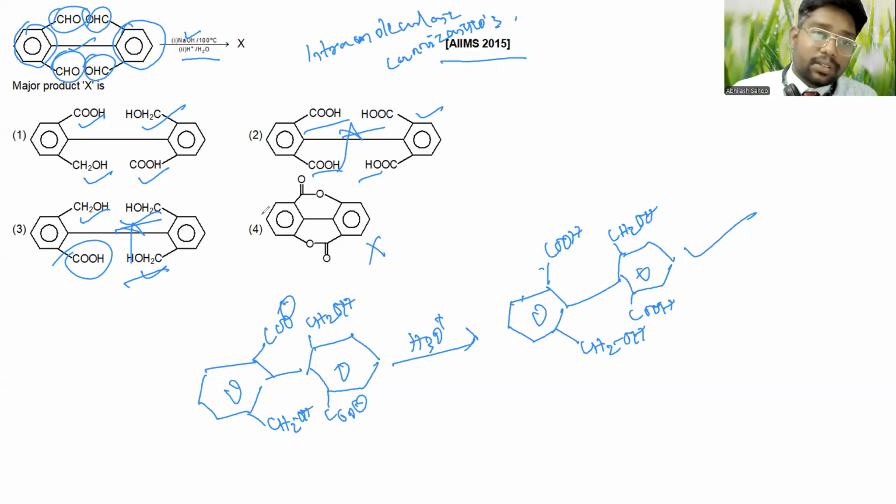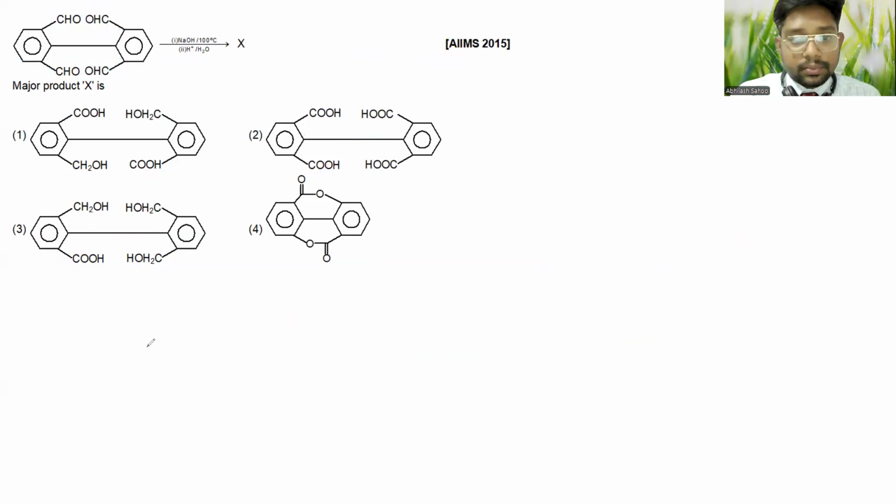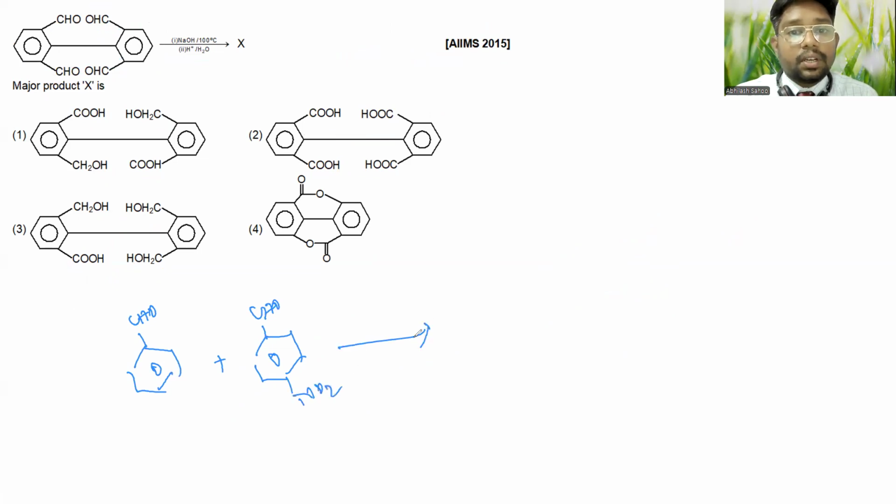Okay, so now with one final question we will end this session. Let's say there is an aldehyde, and there is another aldehyde CHO, but here an NO2 group is there, and it will react with sodium hydroxide.